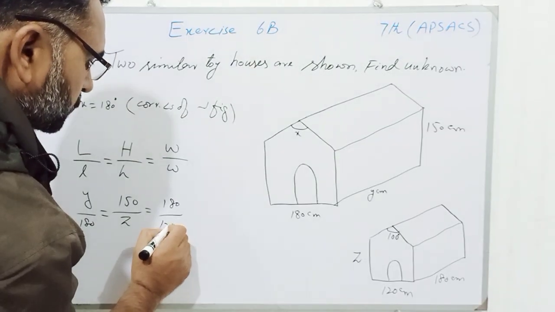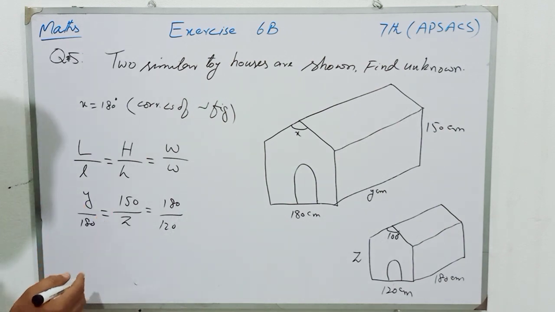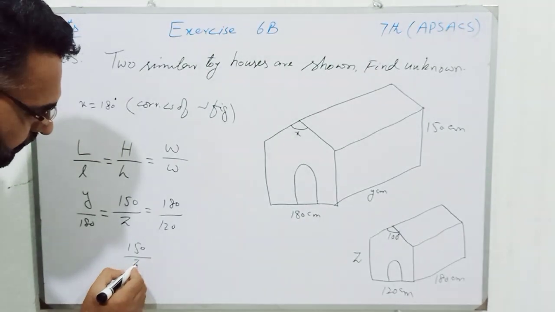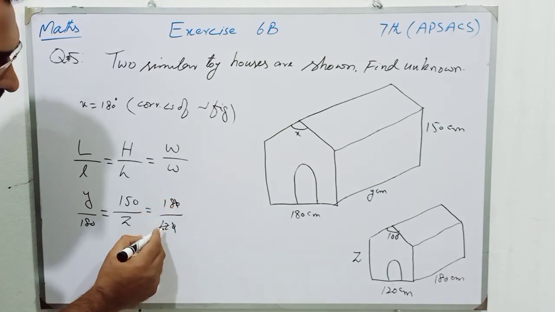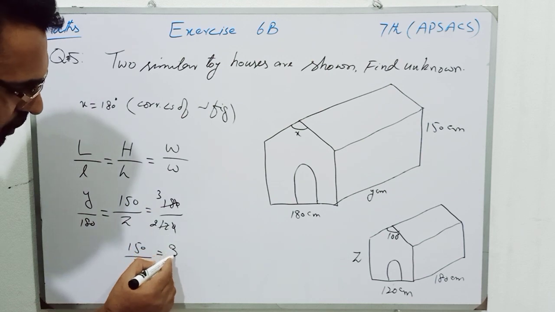And now students, we will find the values of unknown. First I will select the last two fractions, and that are 150 over z is equal to this 0 and this 0 will be cancelled. 6 2s are 12 and 6 3s are 18, and I will write 3 over 2.